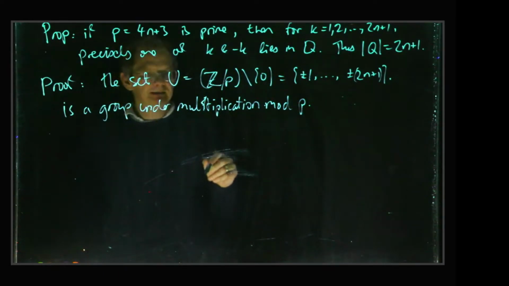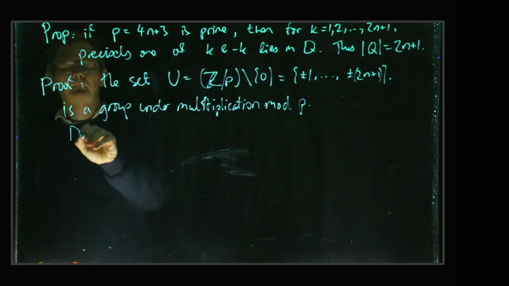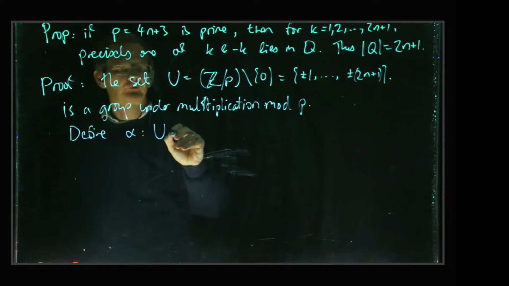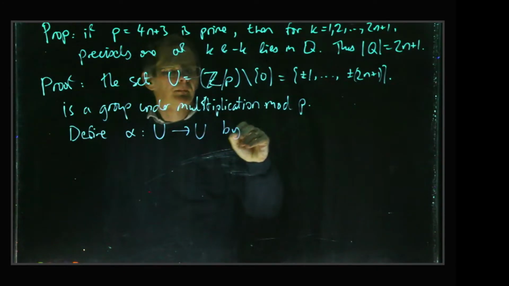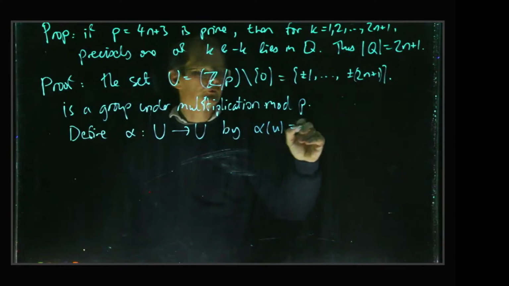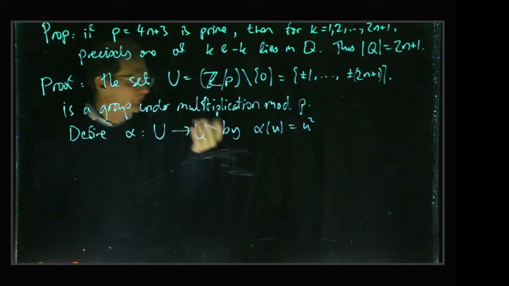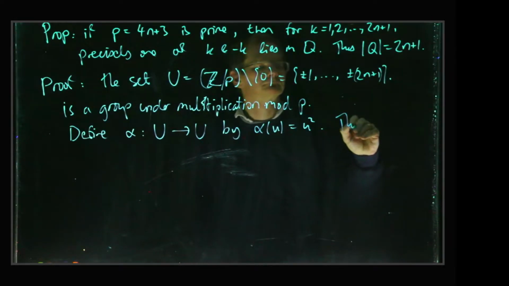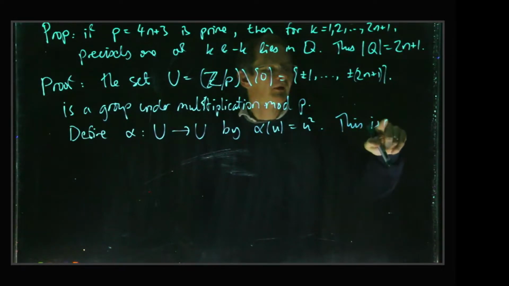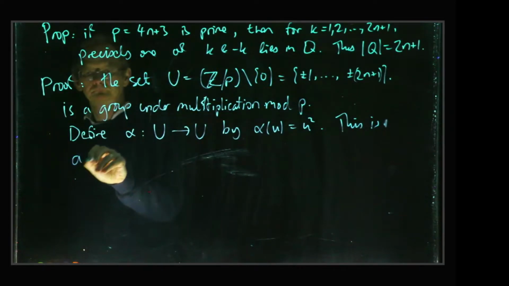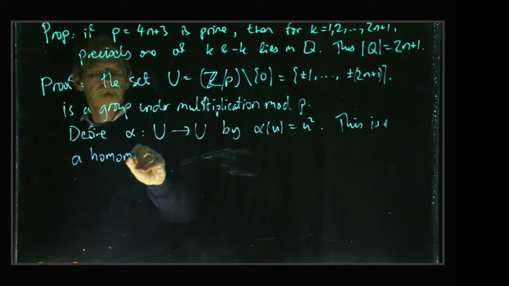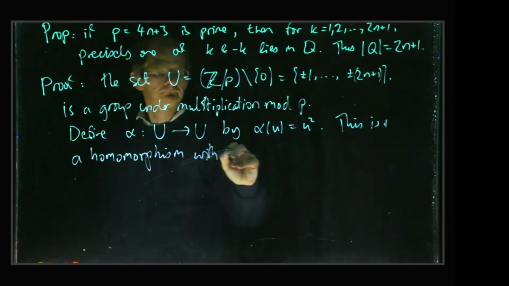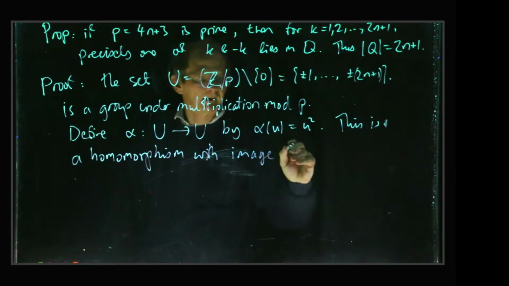Okay, so we're going to define alpha from U to U by alpha of u is u squared, everything being interpreted mod P as usual. So this is a homomorphism. And what's the image of it?